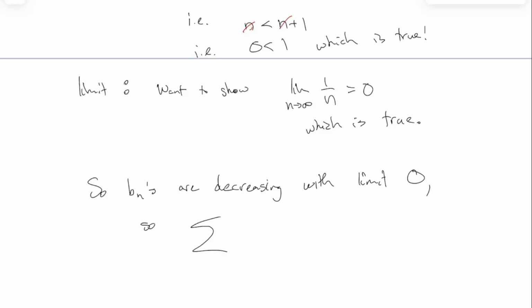So the original series, the sum of -1 to the n times 1 over n, converges. Right? This is what the alternating series test says. If the terms are decreasing and their limit is 0, then the alternating series converges.